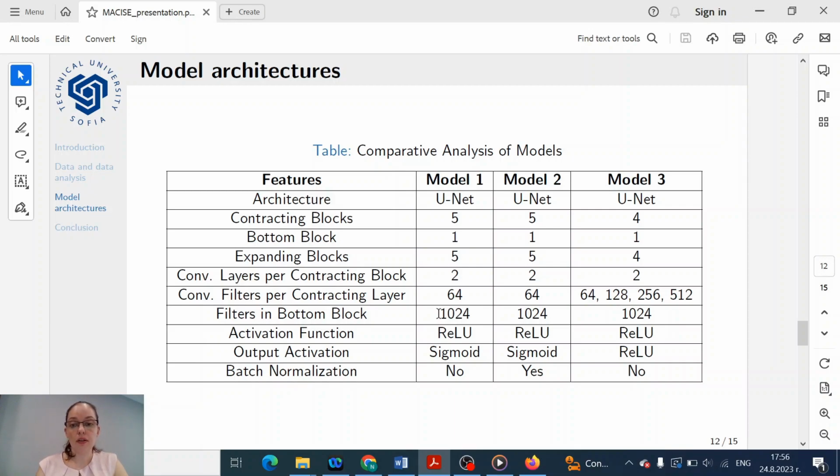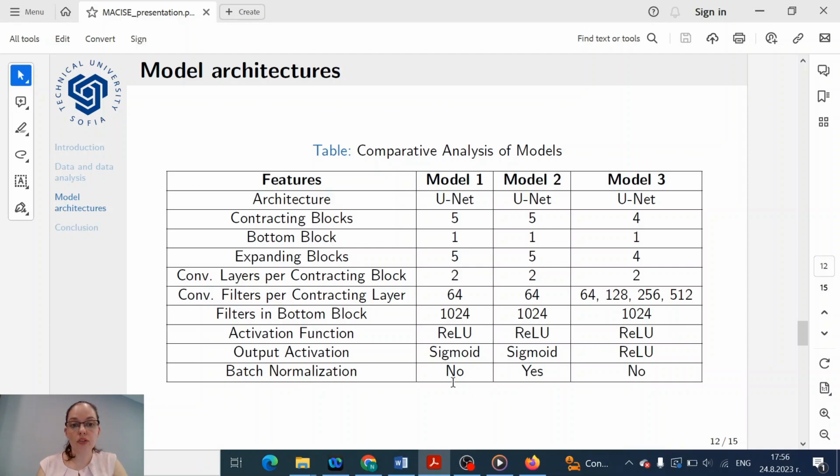The big difference is the number of convolutional filters per contracting layer, where for the first and the second model they are fixed, and for the third model we have a growing neural network.